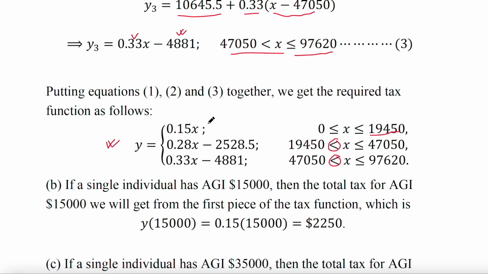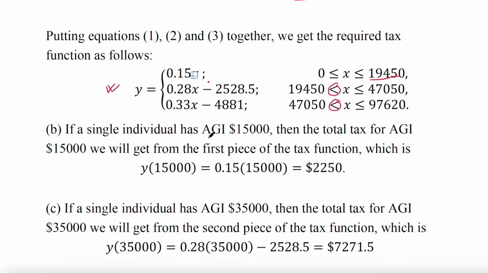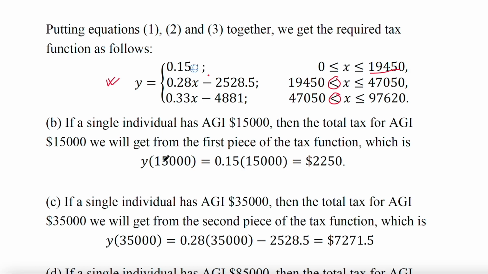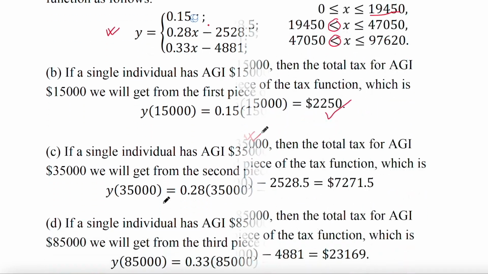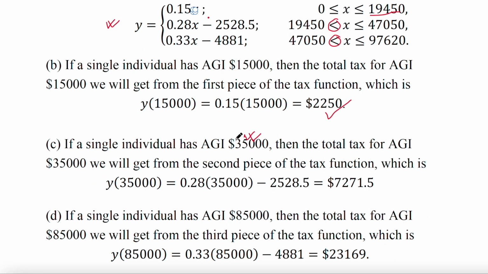$15,000. Therefore you need to put 15,000 here instead of x in the first function. So y for 15,000 is equal to 0.15 into 15,000, which is this. And the next one, if the AGI is $35,000, then what will be the total tax?